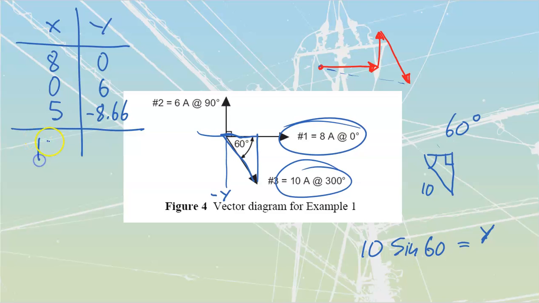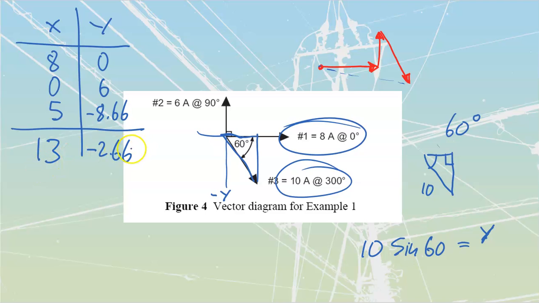We just add all the x's together, so we've got a total x displacement of 13. That makes sense. We're continuously moving over towards the positive x. But my y displacement goes up 6, then comes back down negative 8.66. So we cancel 6 out of this, leaving us with only negative 2.66.